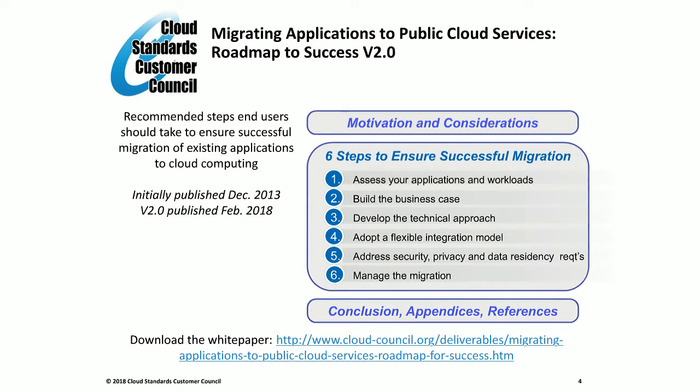The structure of the paper is that there is a front-end part which is about the motivations for migration and the various considerations that people should apply to making the decision to migrate certain applications and workloads to the cloud, whether it is to a public cloud, which is the main focus of the paper, but also obviously to hybrid clouds, since hybrid clouds have some of the characteristics of a public cloud.